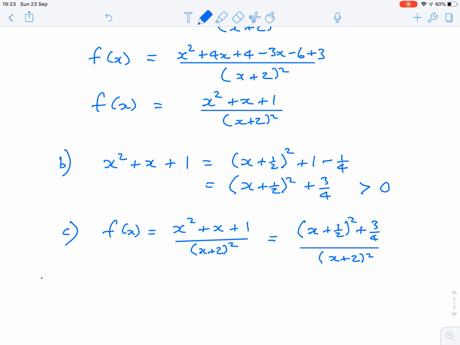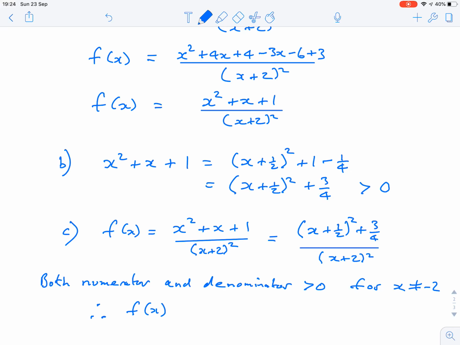Now provided x is not minus 2, we have a positive numerator and a positive denominator. So we can say both numerator and denominator are greater than 0 for x not equal to minus 2. Therefore f(x) is positive.